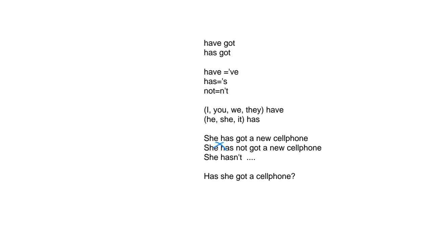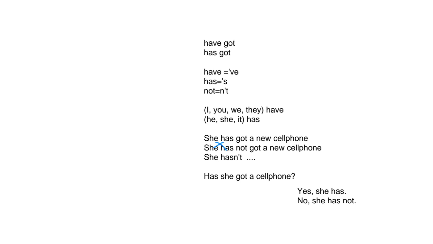And you can also use two ways to negate and to form a question. So you can say she hasn't, or you can also say she does not have. She doesn't have. So you can use does and don't for negation, and for questions also.